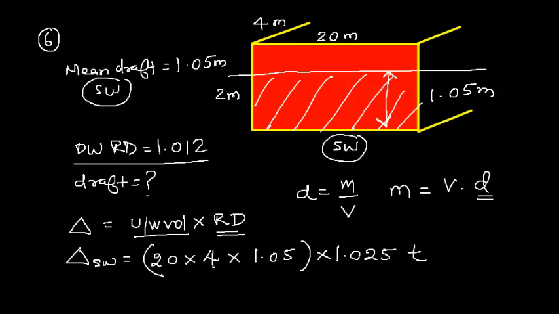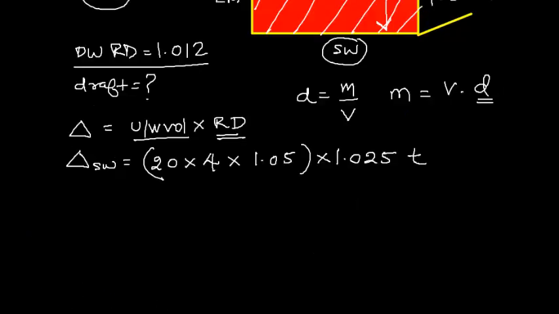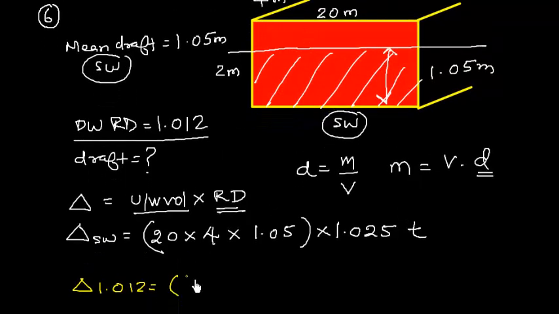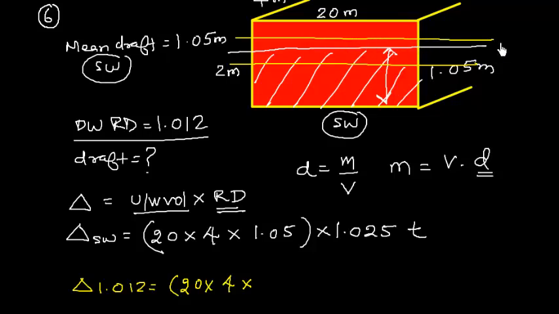Similarly, if the vessel is in dock water, let me use another color. So if the vessel is in dock water, the displacement in dock water of RD 1.012 is equal to length, okay, let me just go back here. The length is 20 meter, breadth is the same 4 meter, and the draft, let us assume that the draft is somewhere here or somewhere here, we don't know.